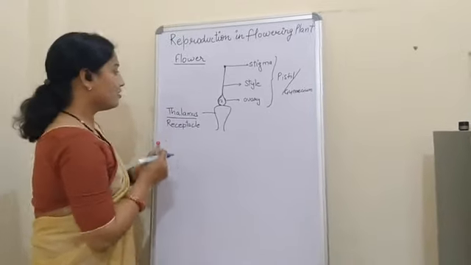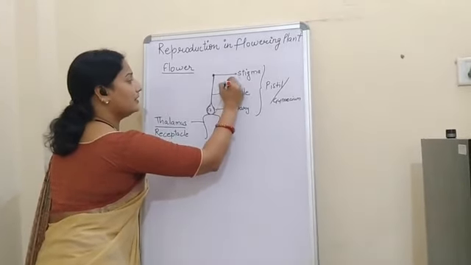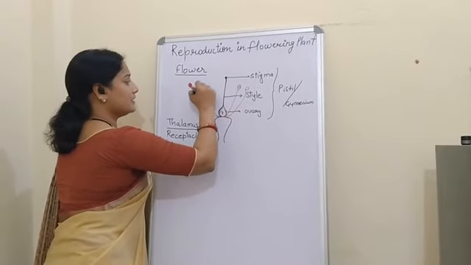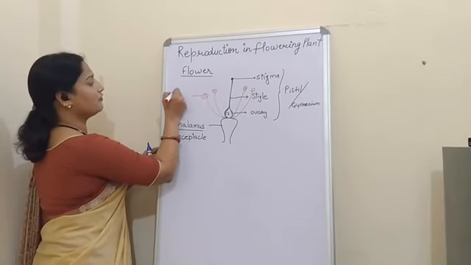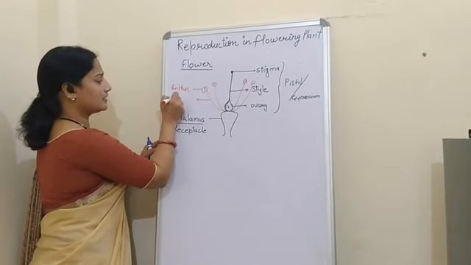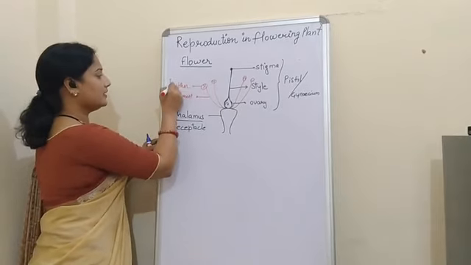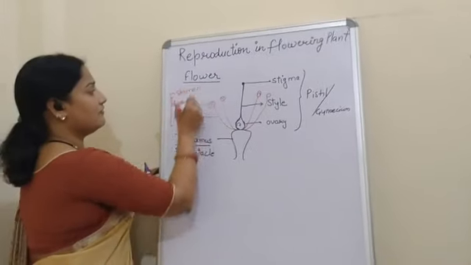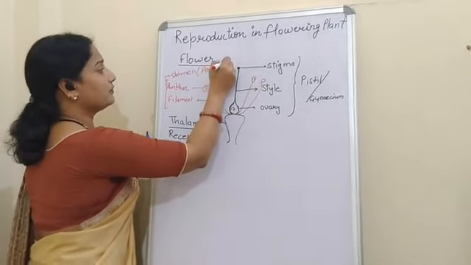Afterwards, when we come a little bit outside, we get the second whorl, and this is the next structure called the stamen. Now, the stamen consists of the anther and a long thread-like structure called the filament. The anther and filament together are called the stamen, and if many stamens are there, then that is called the androecium.